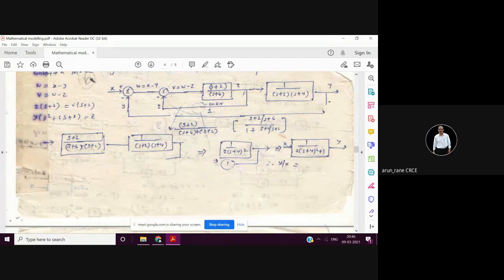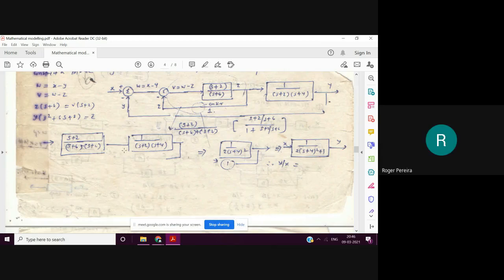Now this summing point will disappear, and this takeoff is also gone. Instead of this you have this, and then adjacent to this you have this block, so 1 upon s plus 2 and 1 upon s into s plus 4. Now these two will get multiplied, correct?